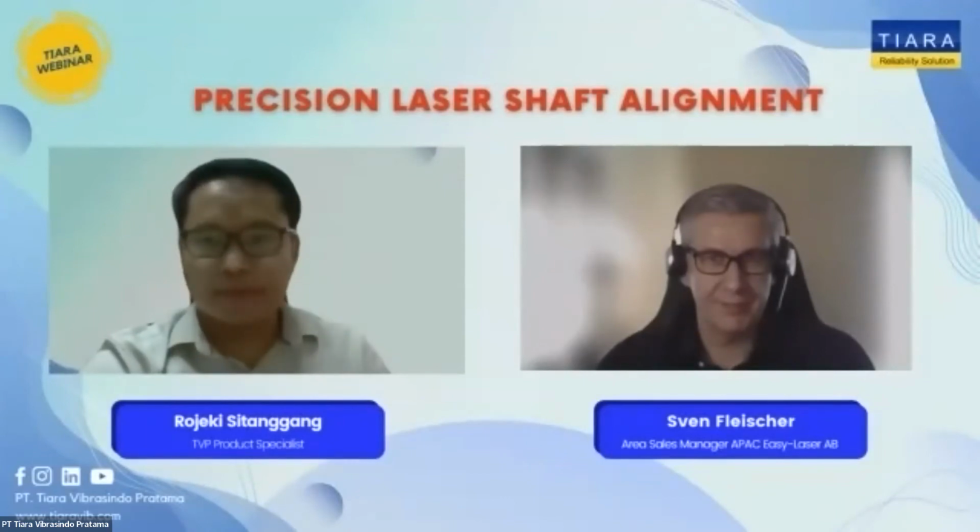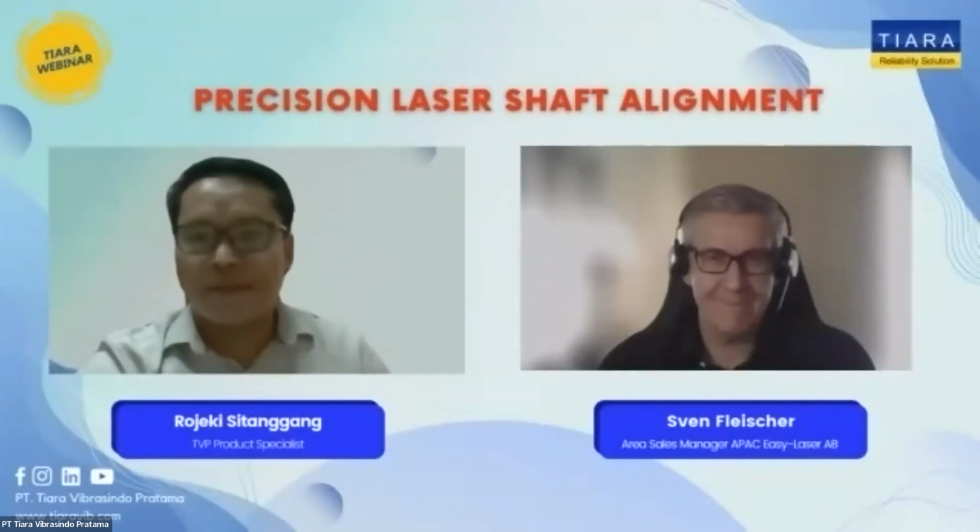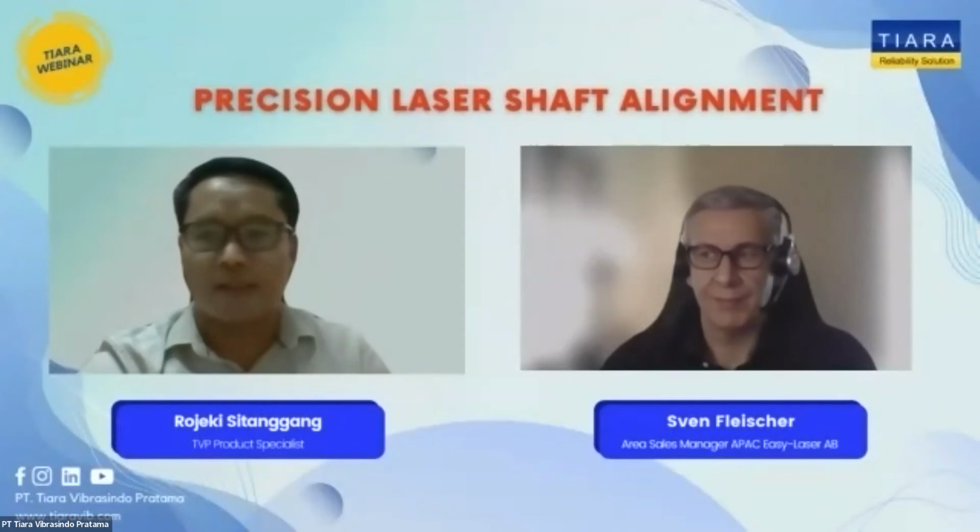And there is a question from Muhammad Rendo. Can we perform live horizontal movement without rotating the laser to the horizontal position? Because for some equipment, it is not easy to rotate the shaft without changing the sensor position to horizontal.